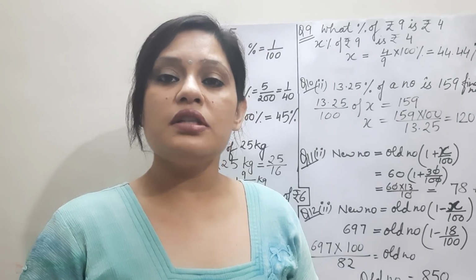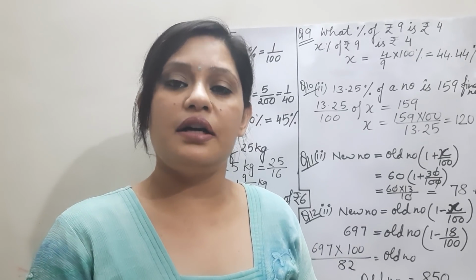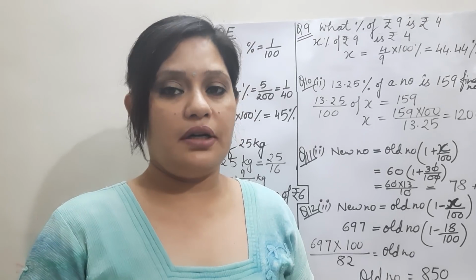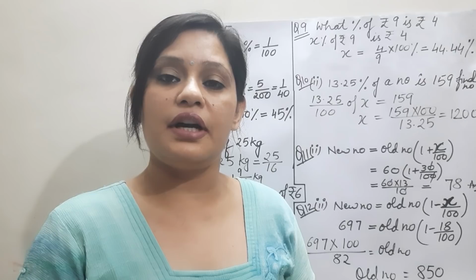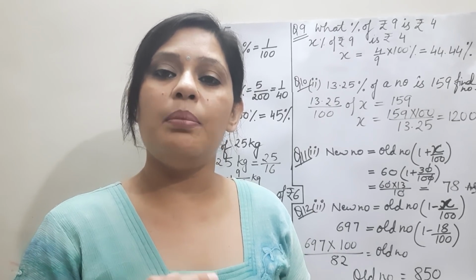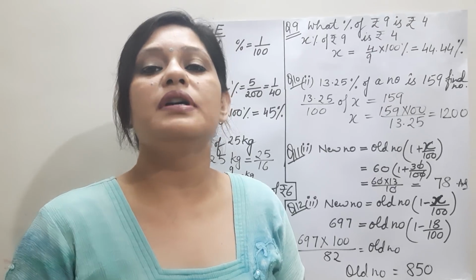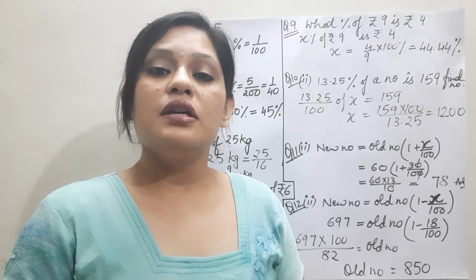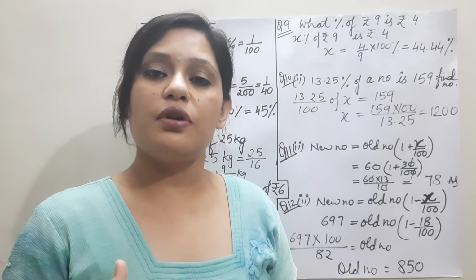Percentage means what? It is percent, means per 100, means out of 100. If we talk about 19 out of 100, means 19 upon 100, then it is equal to 19%. Clear? So we can draw a conclusion from this.